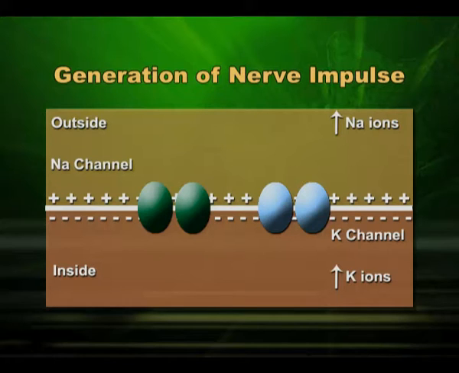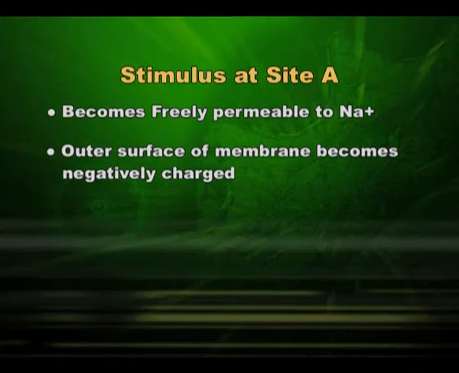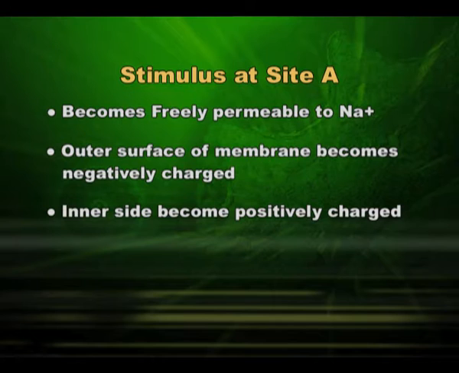Now, it is no more resting. The stimulus is provided on the membrane and changes have taken place. And when changes have taken place, the outer membrane at that particular point, not throughout, has become negatively charged and the inside has become positively charged, and we call it the depolarized condition, which is very important for the impulse to move on.